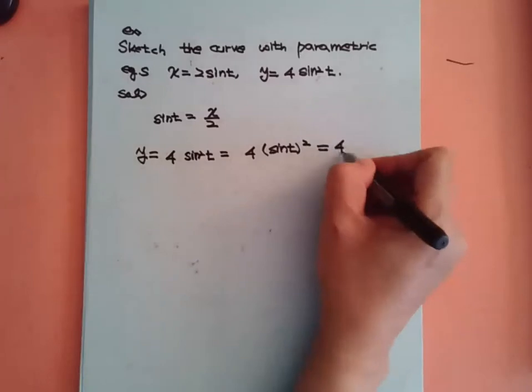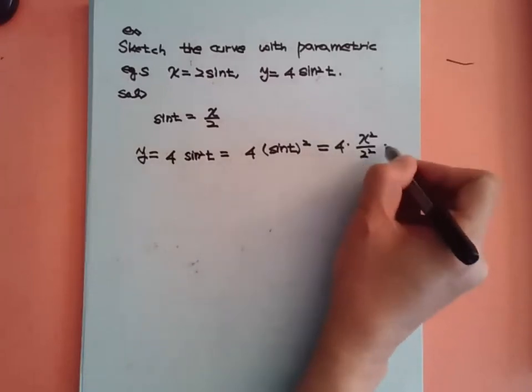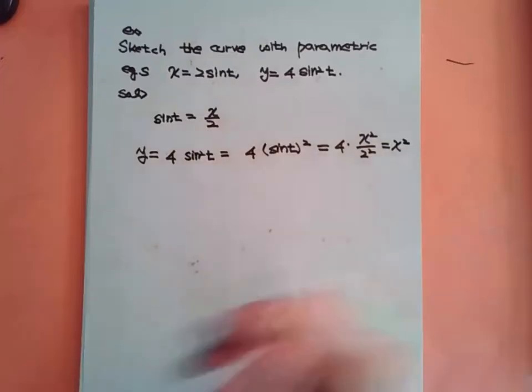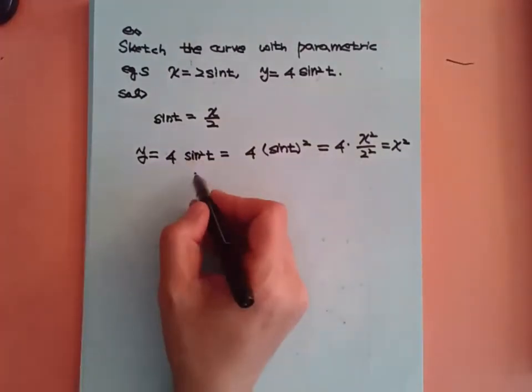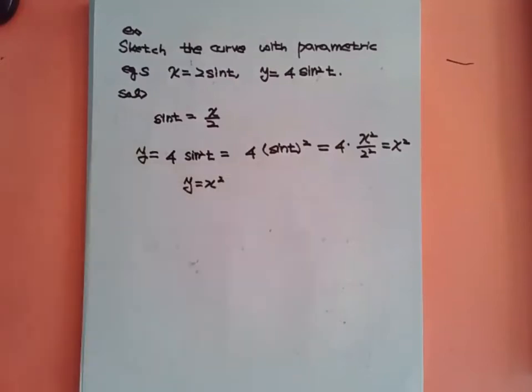So that is 4 times x squared over 2 squared, which is x squared. That implies the equation we are getting is y equals x squared.